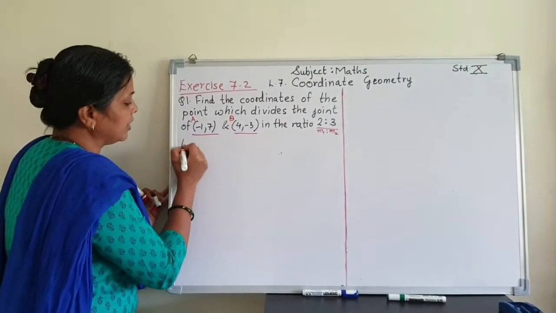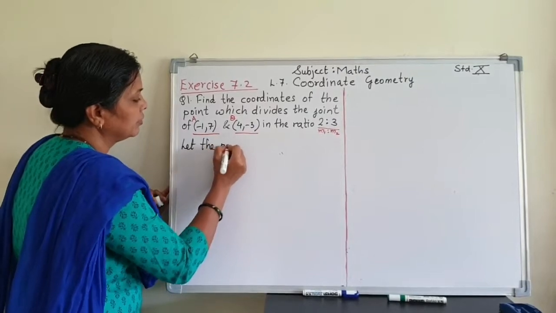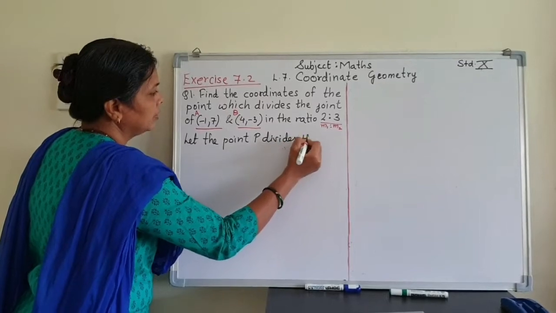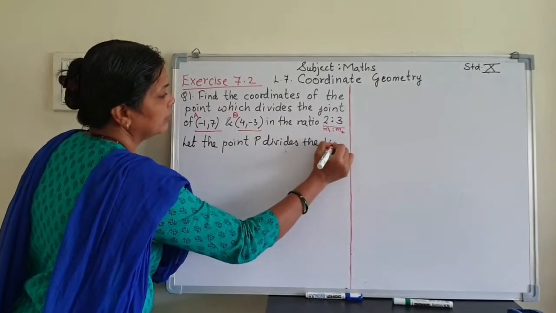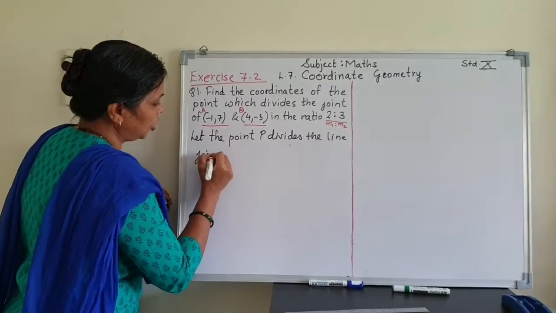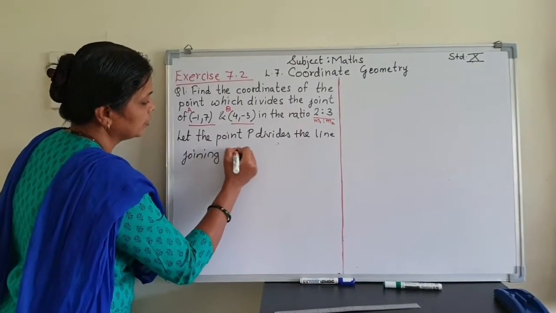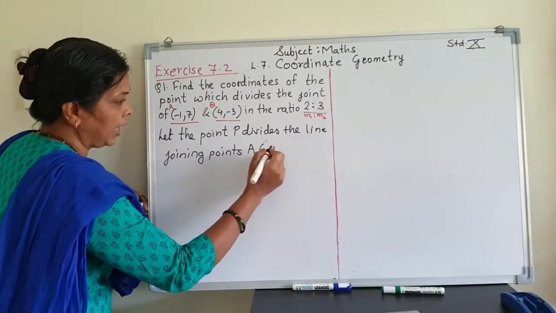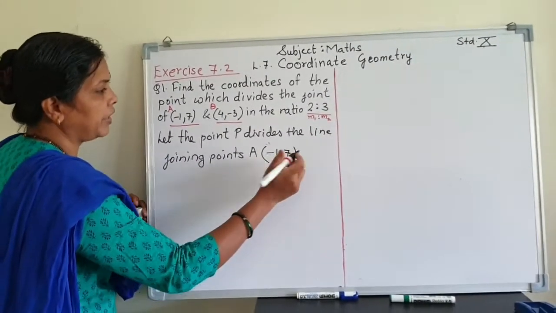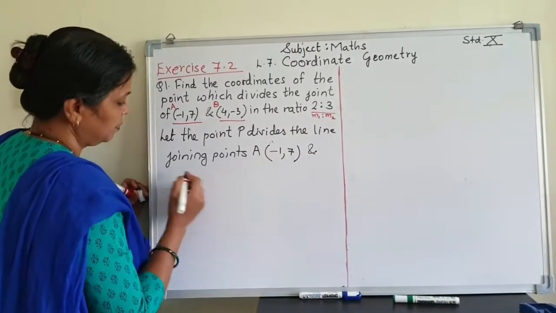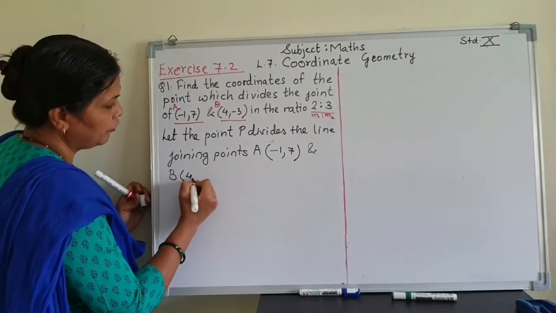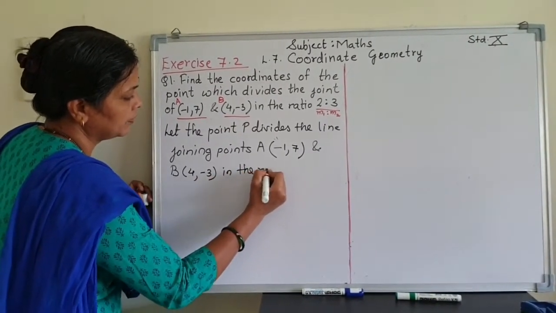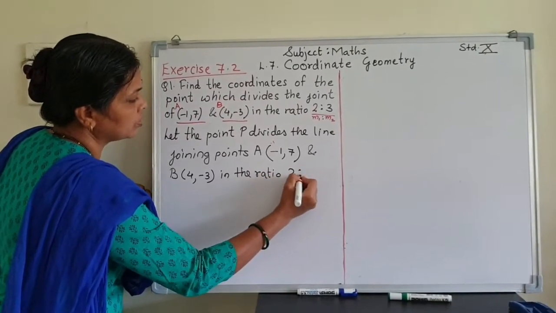So let's start the sum. Let the point P divide the line joining points A with coordinates (-1, 7) and B with coordinates (4, -3) in the ratio 2:3.